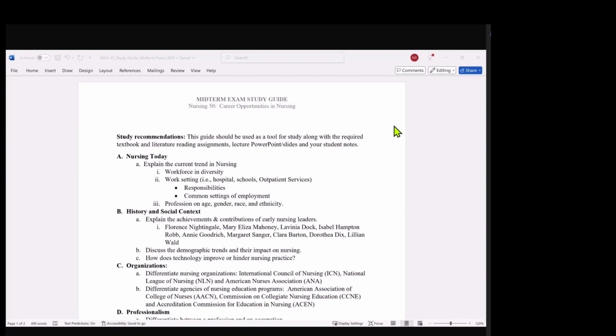Hmm. Nothing in chat? You don't have any idea what the most common area is where nurses work? Hospitals? Okay. Yeah, hospitals.